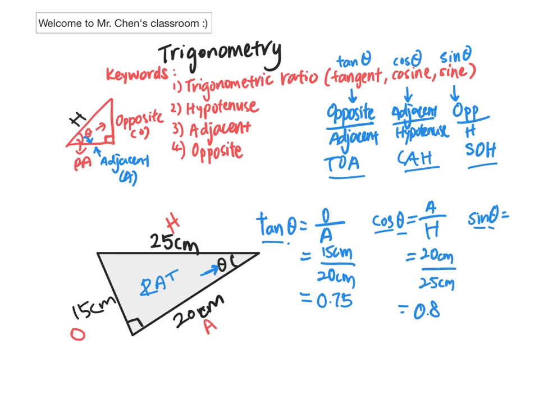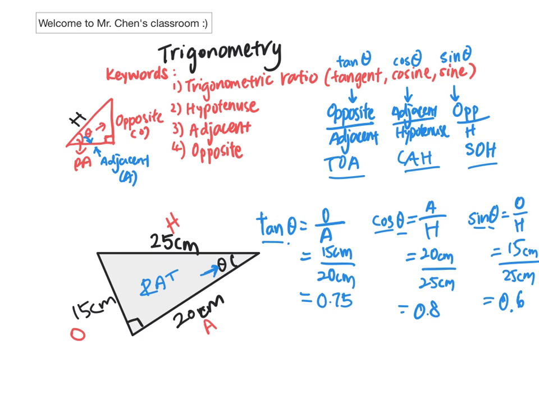Alright, back to sine theta. Sine theta is equal to opposite over hypotenuse. So opposite to that angle specifically is 15 centimeters, over hypotenuse, which is 25 centimeters. 15 divided by 25 will be 0.6.